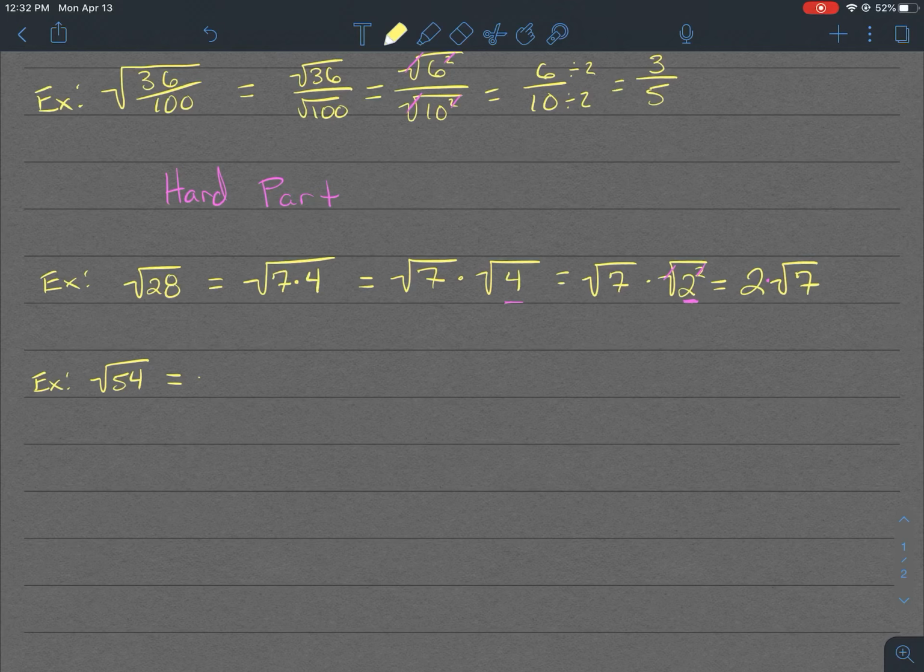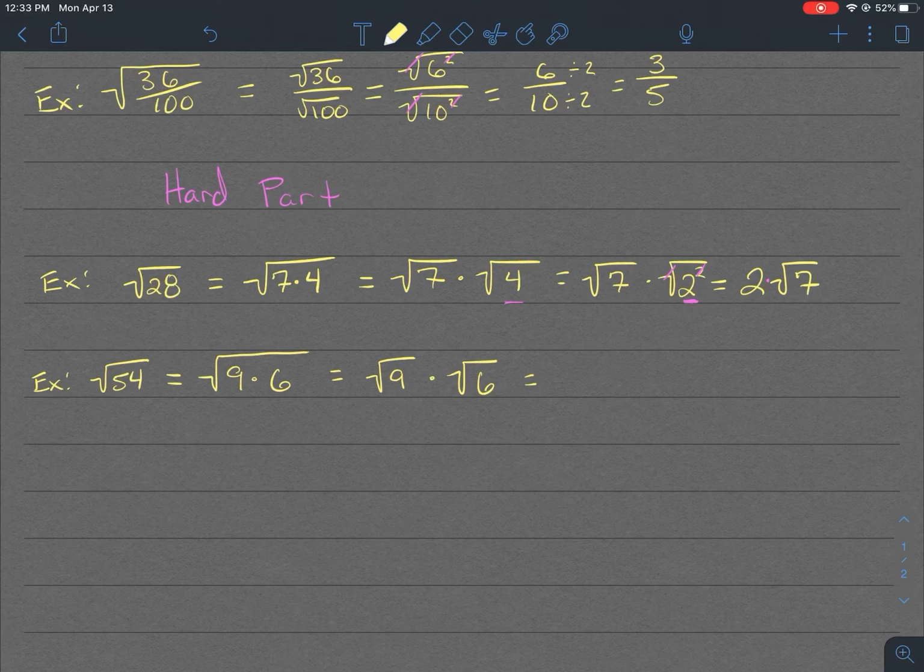Well, the one I thought of is 9 times 6. Okay, 9 times 6 is 54, so I can break it apart like that. Now, you can break it apart again to where you say the square root of 9 times the square root of 6. Now you have both of them individual.